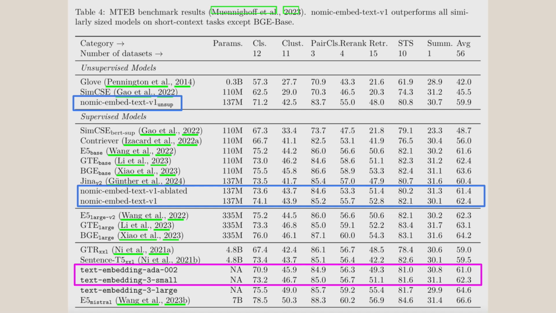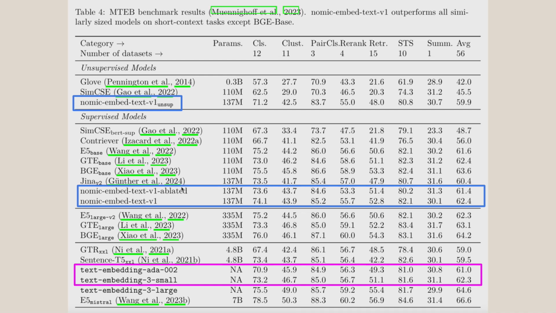Here we have the MTEB results, and I've highlighted up here, we have our unsupervised model. So this is our Nomic Embed Text v1 unsupervised. So this is coming out of stage 2. And then for supervised models, we have our stage 3 1.6 million dataset item contrastive fine-tuning stage output.